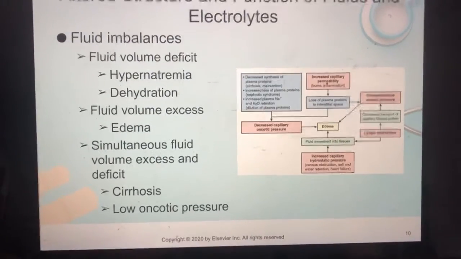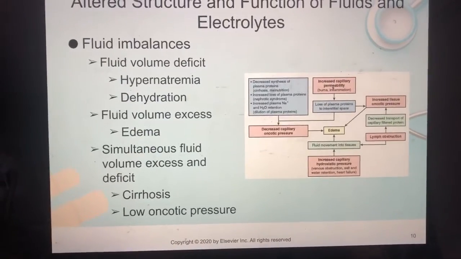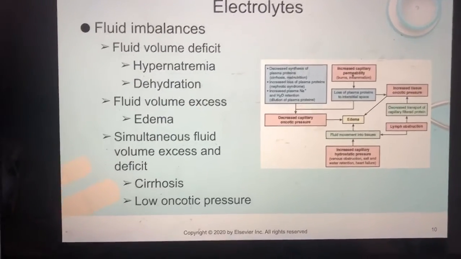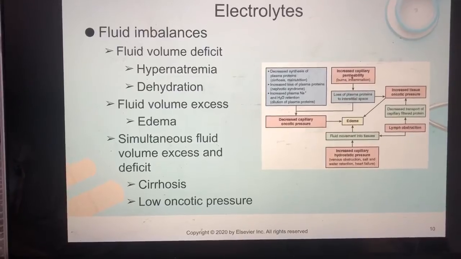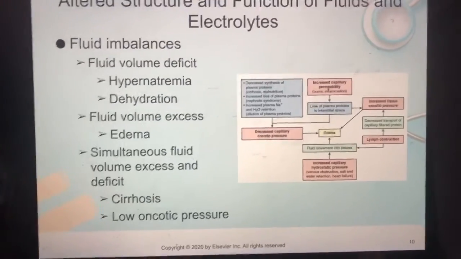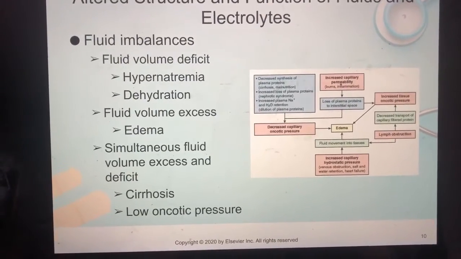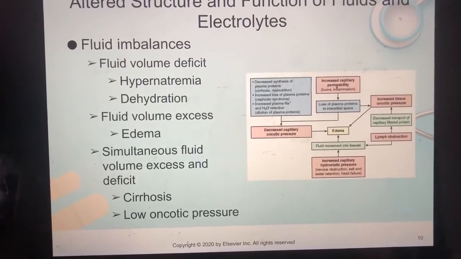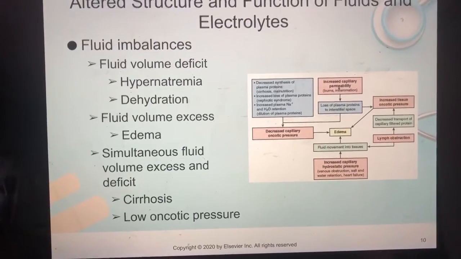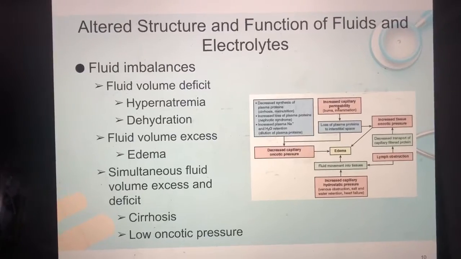Fluid volume excess can be seen in edema, and then with simultaneous fluid volume excess and deficit, you might see cirrhosis, which is related to maybe alcoholism, because your liver is not able to keep up with the need of albumin, and you lose that oncotic pressure, which will lead to fluid loss in the vascular space and into the interstitial space.